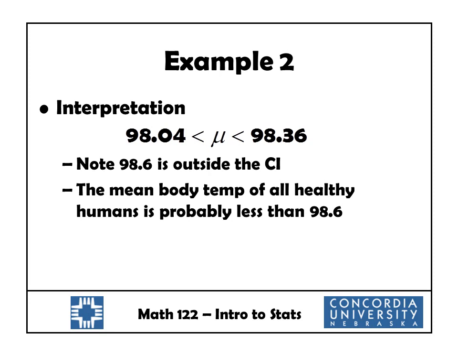Well, first of all, note that 98.6 is outside of the confidence interval. 98.6 is quite a bit larger than our upper confidence interval limit. So that means that the mean body temperature of all healthy humans is probably less than 98.6. It doesn't prove it. We never want to use the word prove when interpreting statistical results, but it is strong evidence that the mean body temperature is less than 98.6.